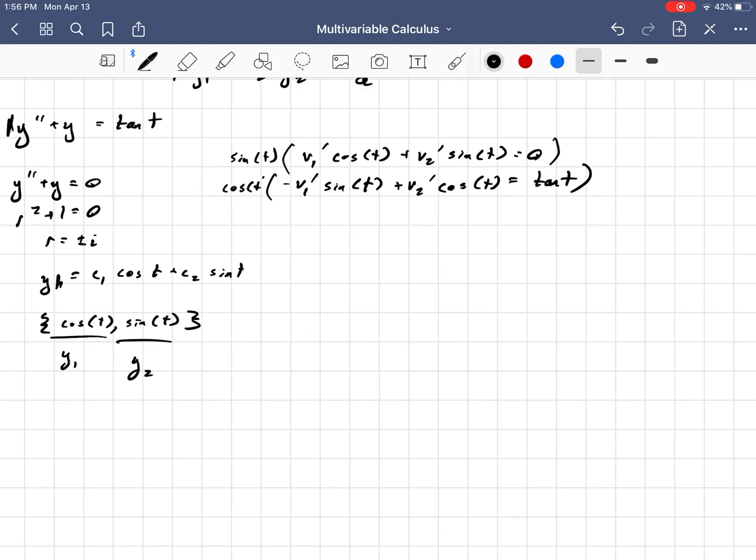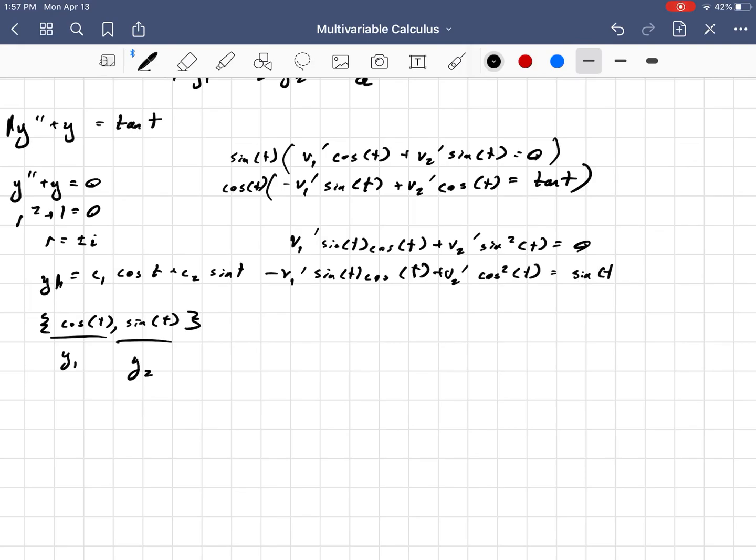I think I'm going to multiply this by sine of t and this by cosine of t. So v sub 1 prime sine t cosine t plus v sub 2 prime sine squared of t is 0, and negative v sub 1 prime sine t cosine of t plus v sub 2 prime cosine squared of t is sine of t.